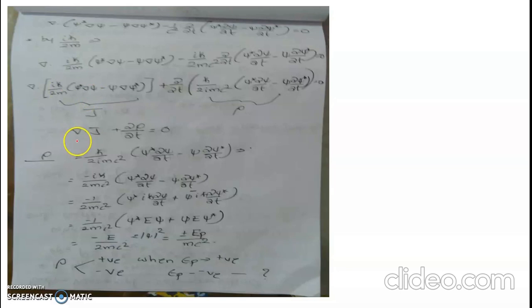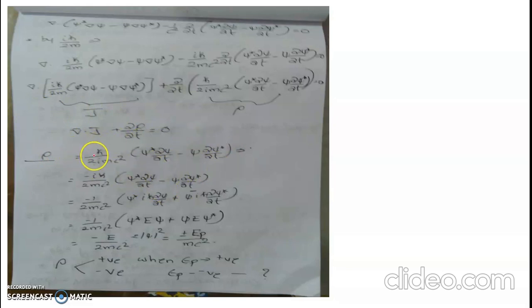Then we write it in the format del dot J plus ∂ρ/∂t equal to 0, where J is the current of particles as far as a quantum mechanical system is concerned, and the current of particles is at the expense of the position probability density of particles occupying the volume whose surface will be giving you this current of particles. Then ρ has only one meaning: it is a measure of the position probability density of the particles.